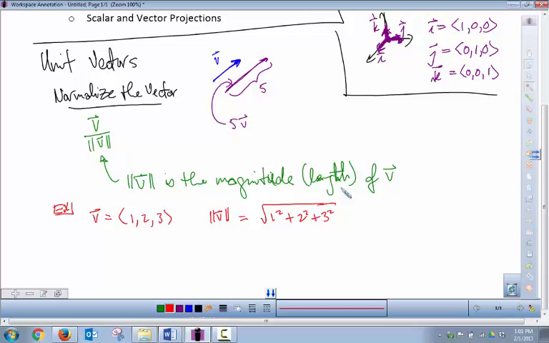15? Square root of 15? Let's not do decimals.